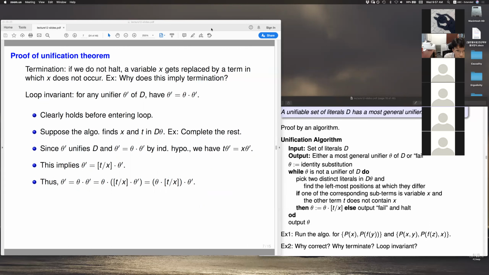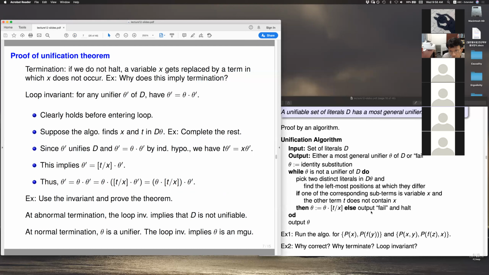Now I want you to think a little bit about the next step. You can use this loop invariant to prove the theorem, which is the correctness of the algorithm. So what we have to prove is that if the algorithm returns fail, then actually this D is not unifiable. And if the algorithm outputs theta, that's the most general unifier.